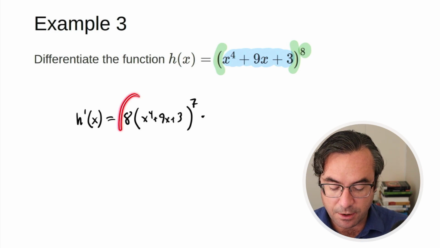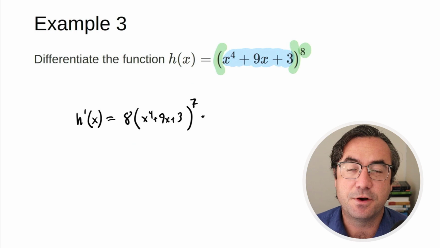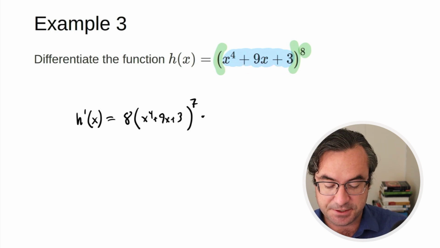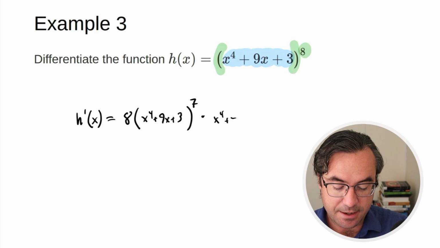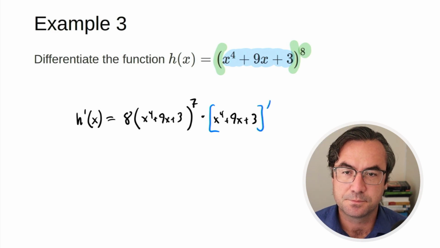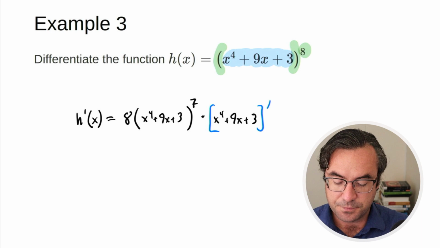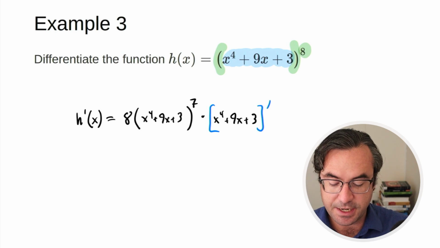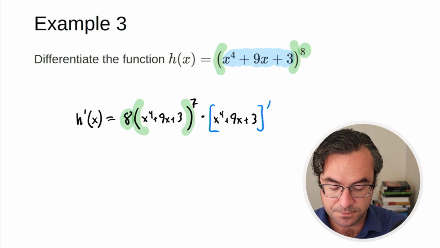So we've broken our way through that outer function, and now we want to get to the stuff that's inside the parentheses. So we're going to then multiply by the derivative of the inner function. So this is our general power rule. We're starting by differentiating the outer function.